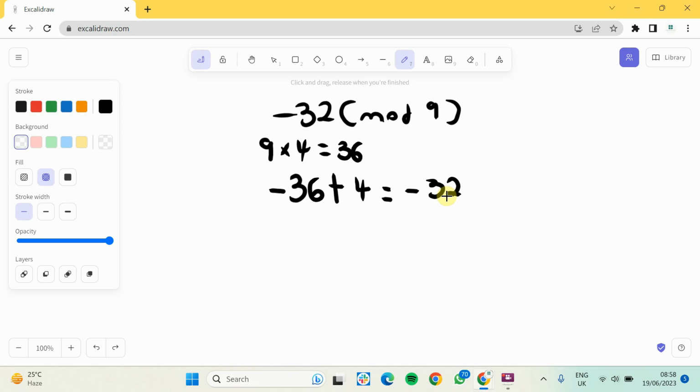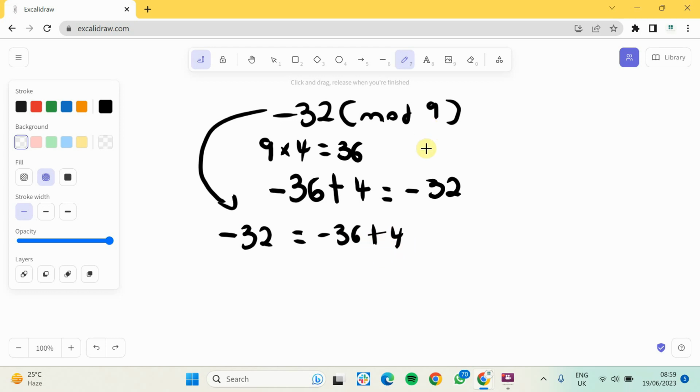I owe the person 32 naira. So that means minus 36 plus 4 is another way of representing minus 32. So I can replace this and say minus 32 is equal to minus 36 plus 4.